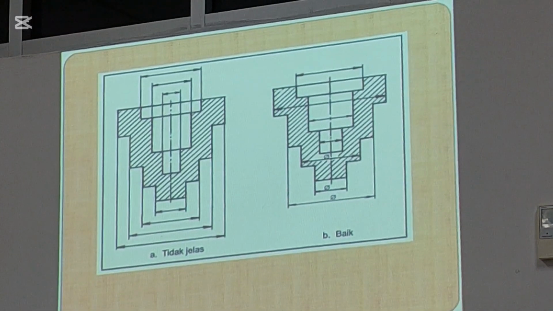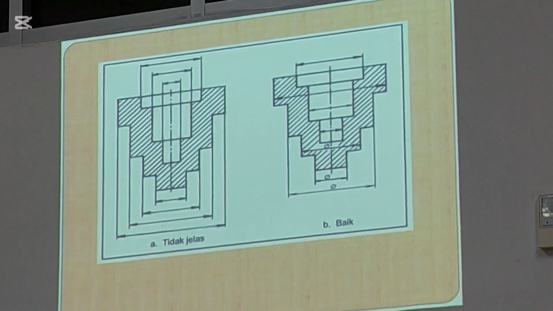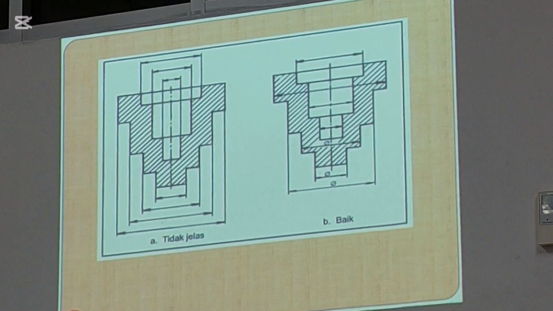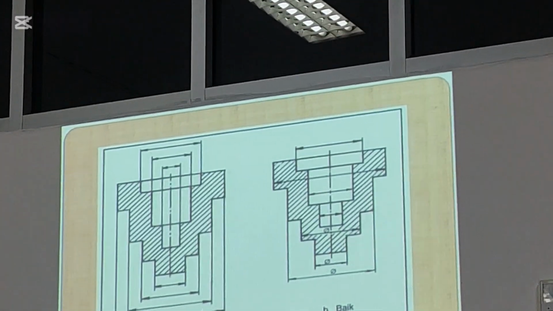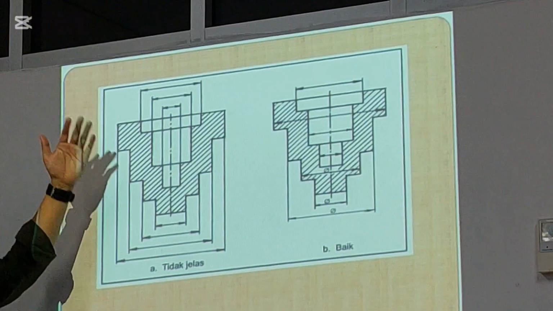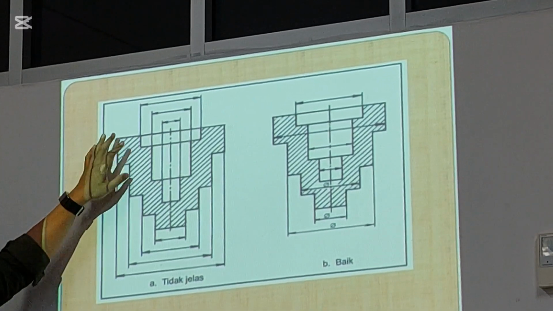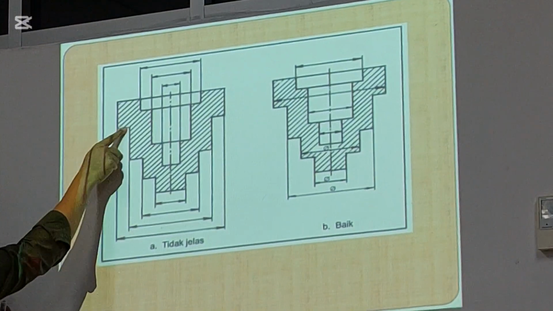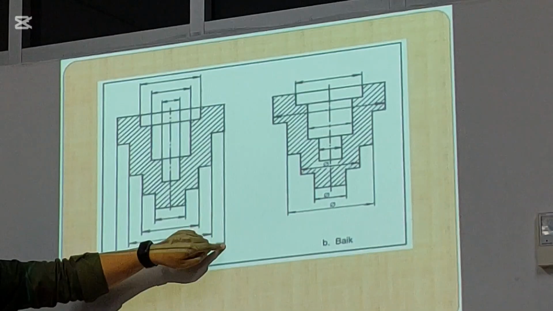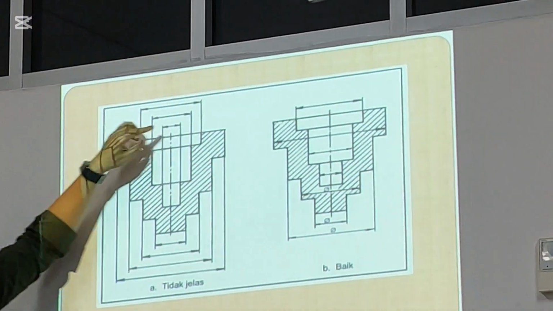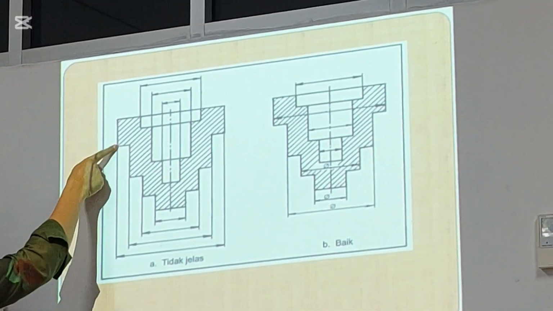So for the first one, the arrow for the dimension line, I think it's enough to put it inside, but they put it outside and make it overlap. Some dimension lines were overlapping with this drawing line. And also if you see, the distance between this area and the line was too far. This is also too far. This area, maybe it's okay. This one is okay, but this is too far.